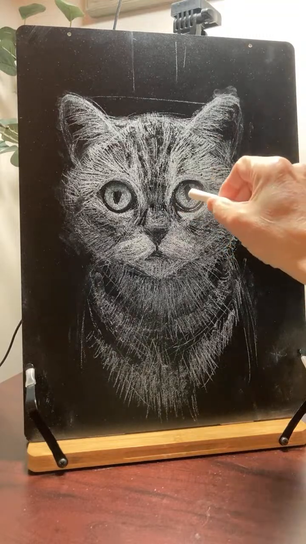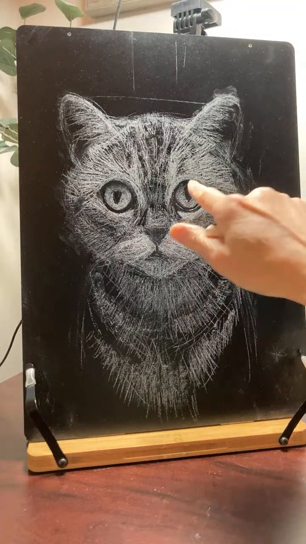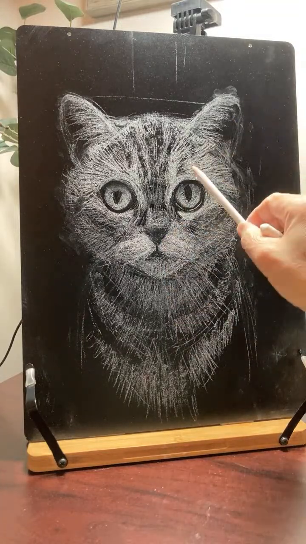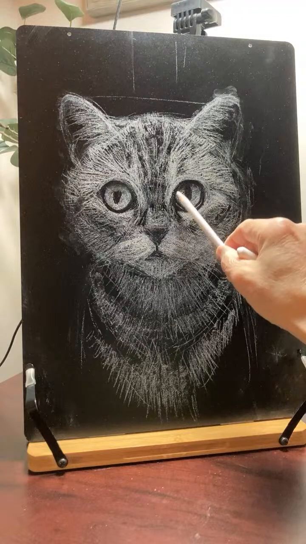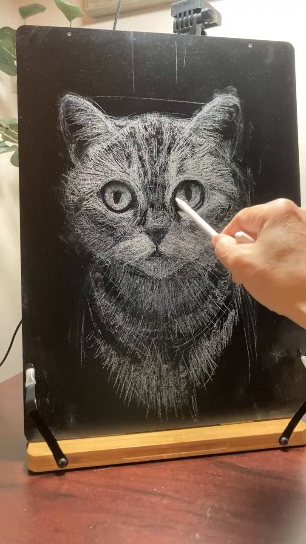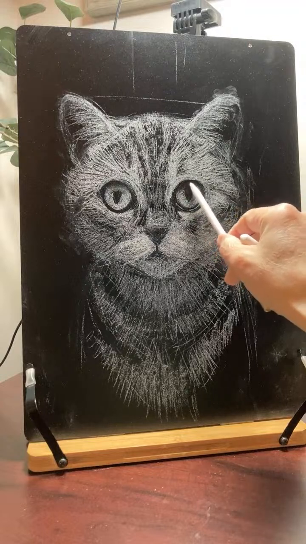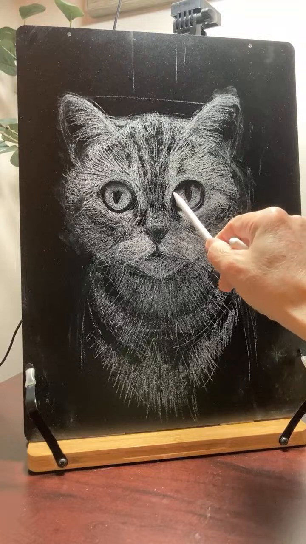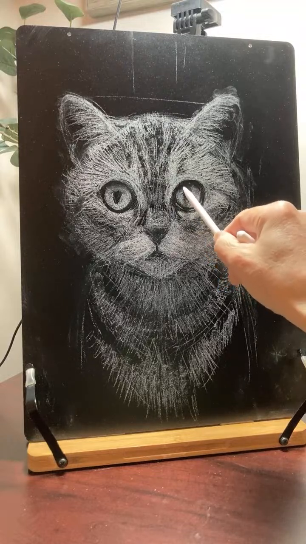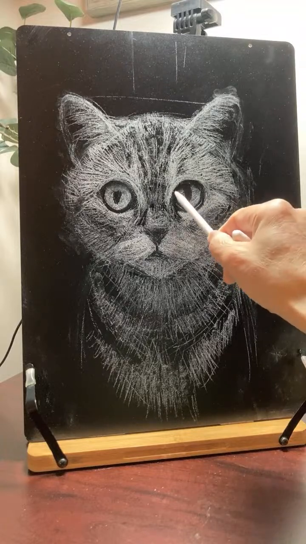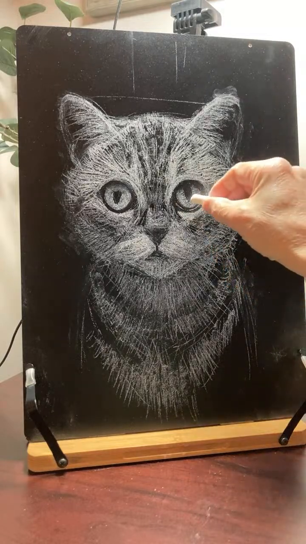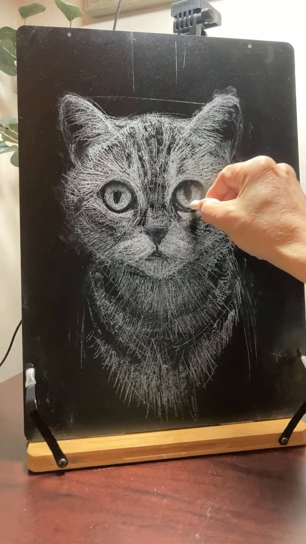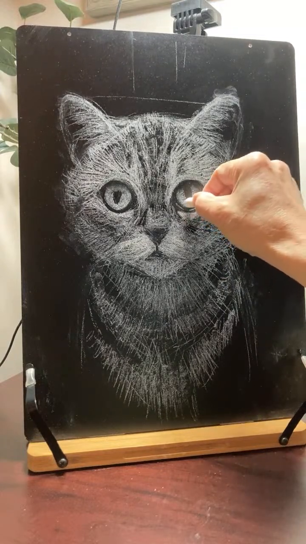And then we need to add some, we will make this much darker. This is the top of the eye. This is the shadow of the eye. Then we make this part under the eye brighter.